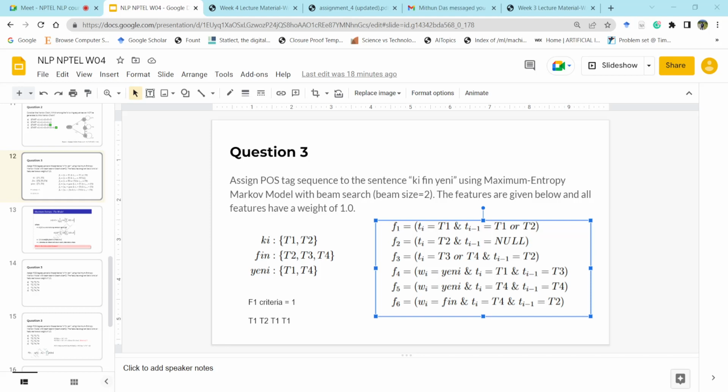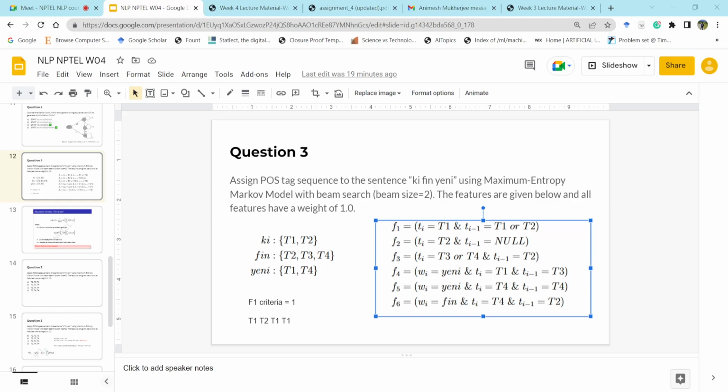Based on these features, which of them are true? The first one is false because Ti is equal to T1. What about the second one? The second one seems to be okay. The third and others are like Ti equal to T3, which is not true, and Wi are not matching, so we can reject these. So only one is correct.